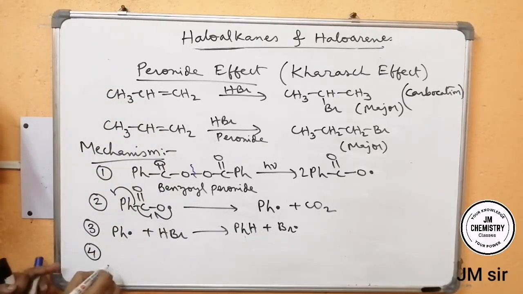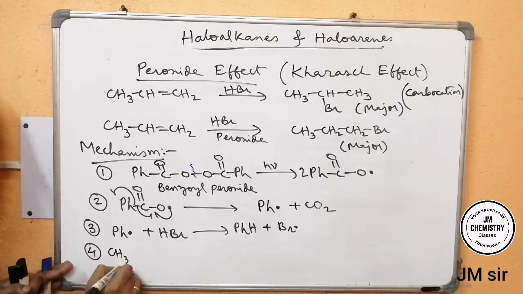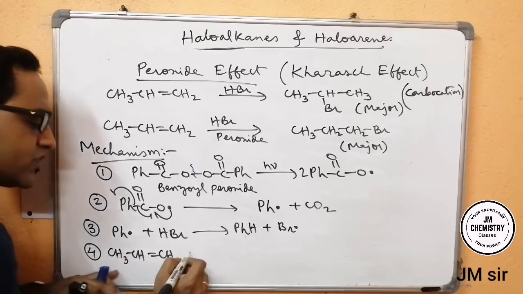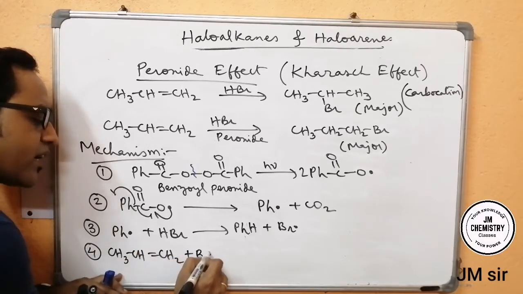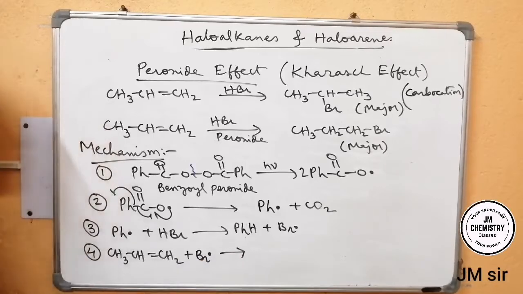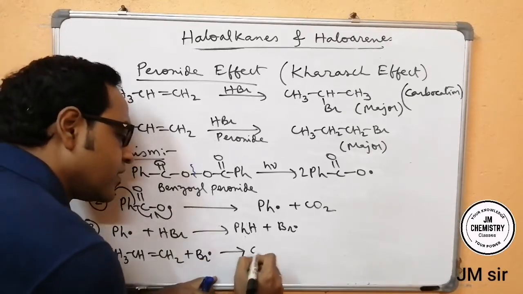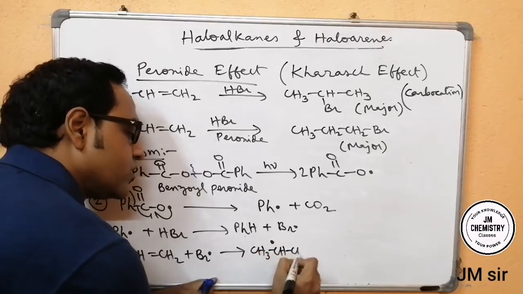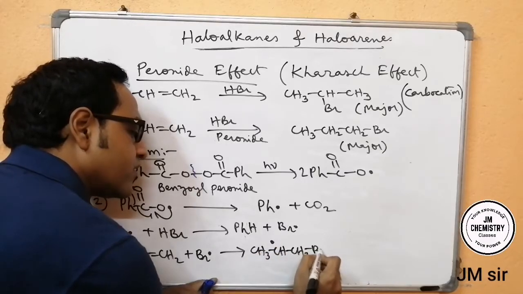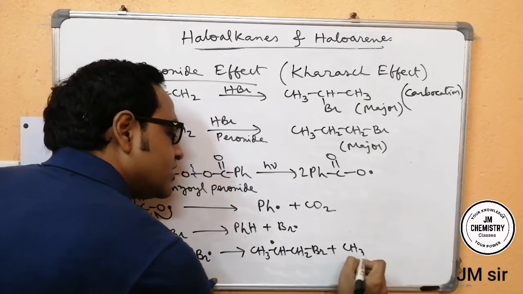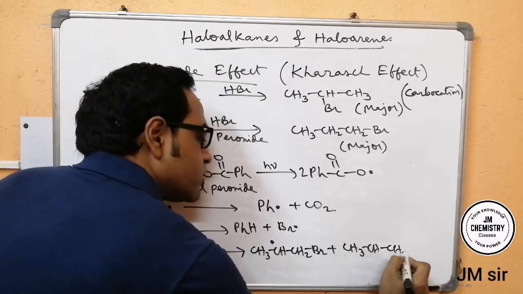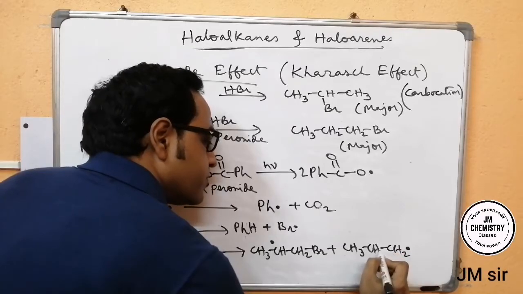The fourth step, CH3-CH=CH2 reacts with Br dot to form two products, CH3-CH dot-CH2Br plus CH3-CH-CH2 dot.